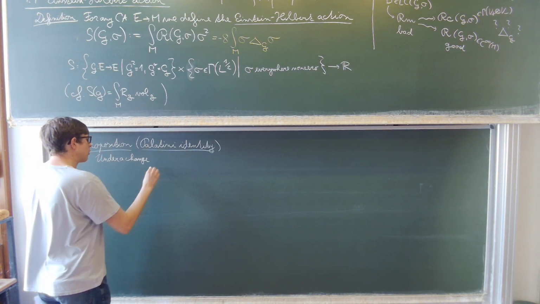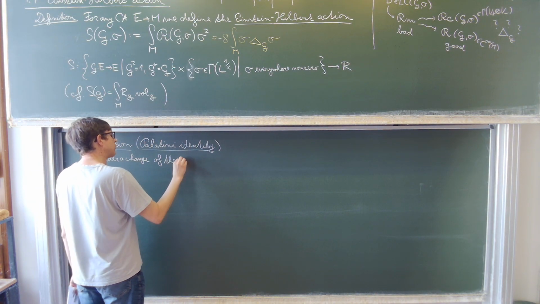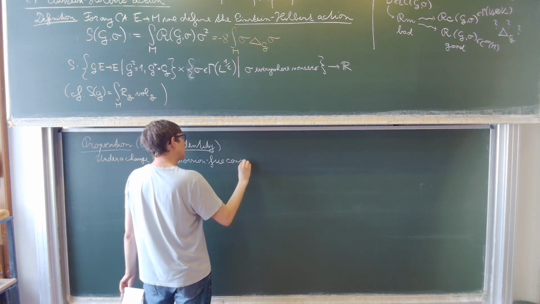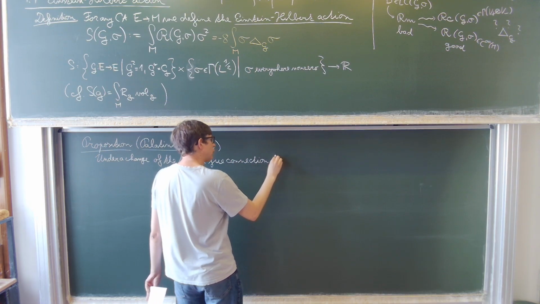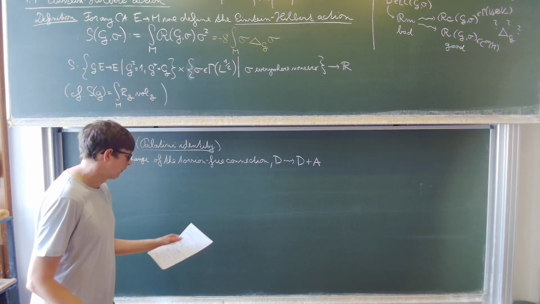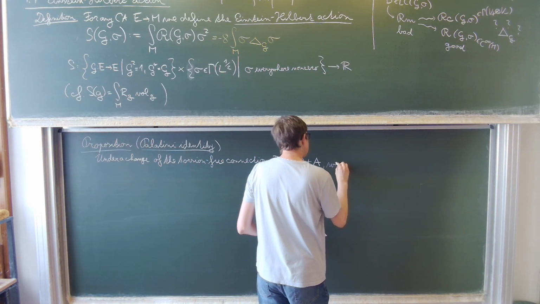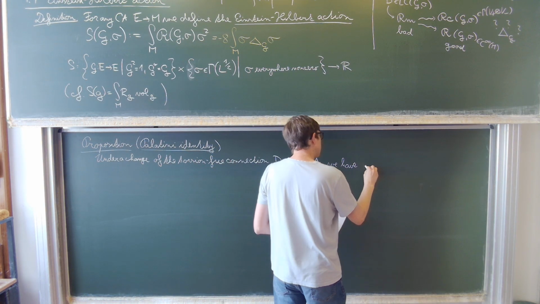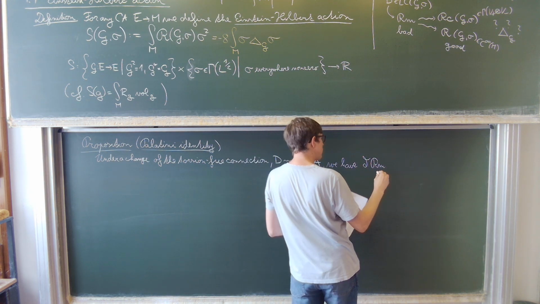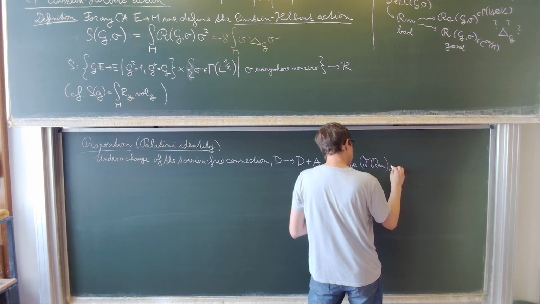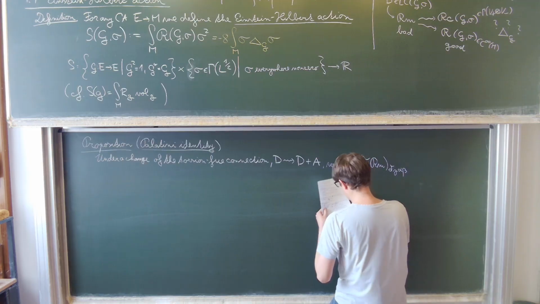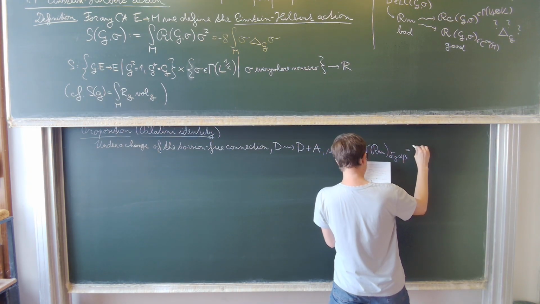Under a change of the torsion-free connection, if I start with a D and I add something to it, we call this something A. Under this change, the way the Riemann tensor changes, this is just delta of Riemann. Don't ask me why these Greek letters, I just copied it from somewhere.